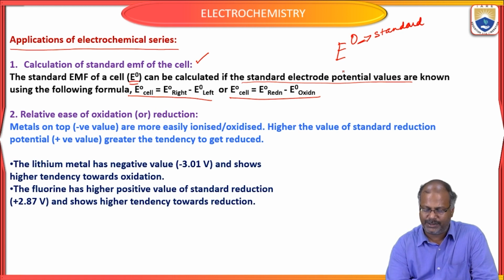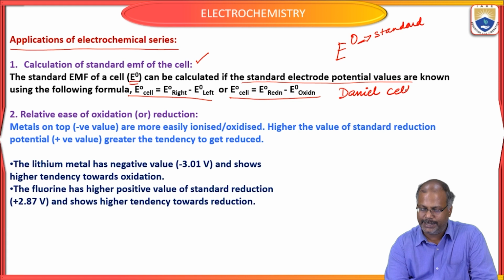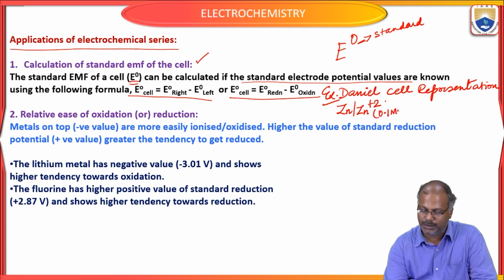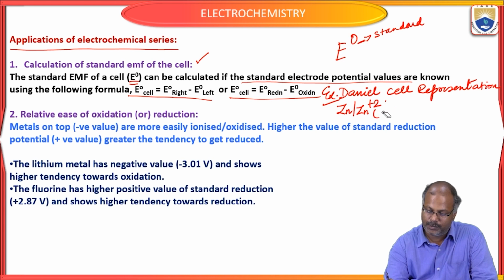What is left and right in our cell representation? For example, we take the Daniel cell representation. Zinc undergoes oxidation in that, so we write zinc on the left, with concentration 1 molar.